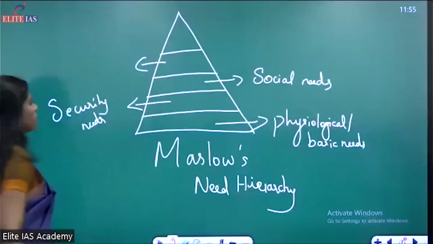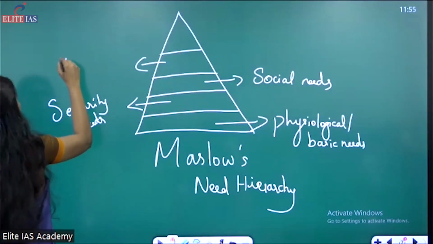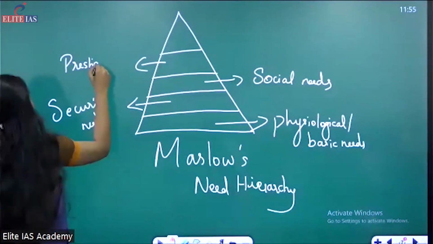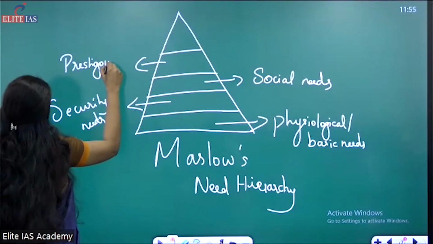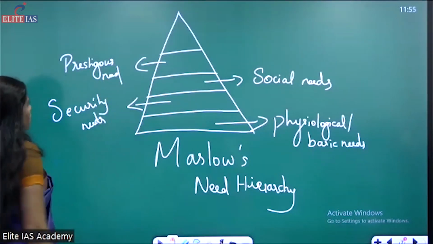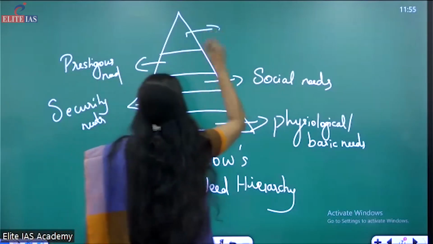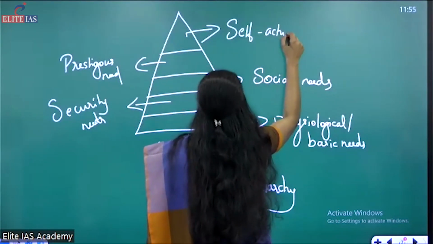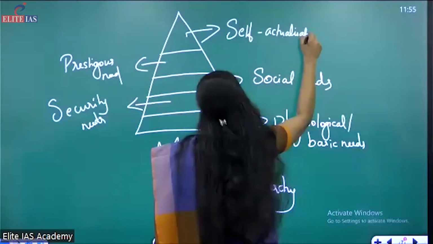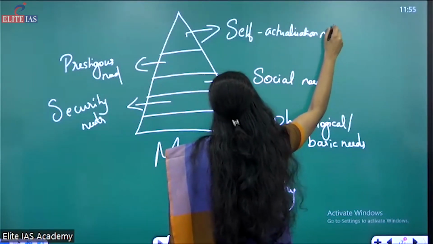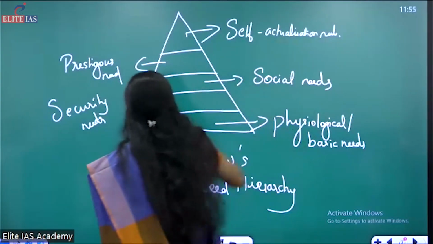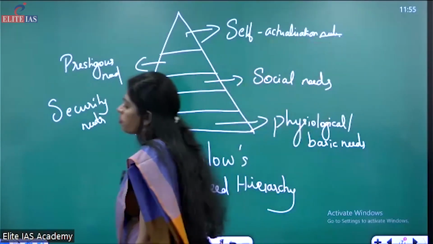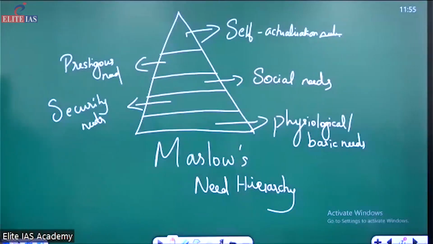Fourth, prestige. Fifth, self-actualization. They will not call this a need; in Maslow's theory you just mention self-actualization. It's the topmost stage a person can reach. So this is Maslow's need hierarchy theory.